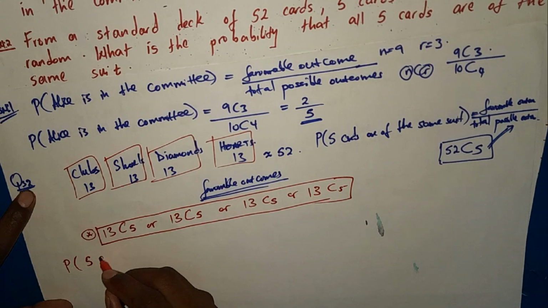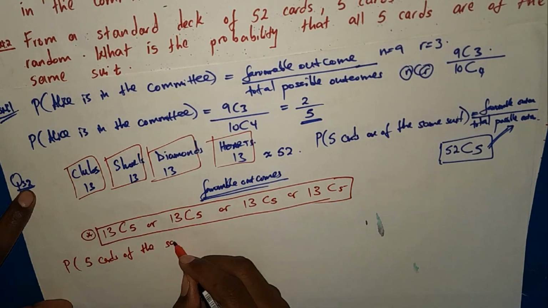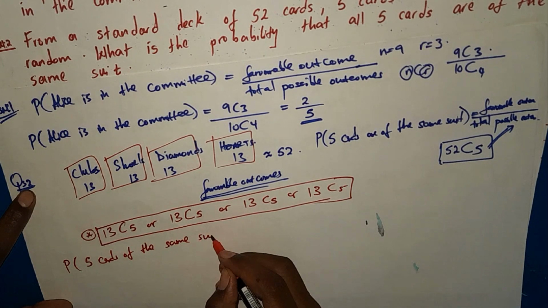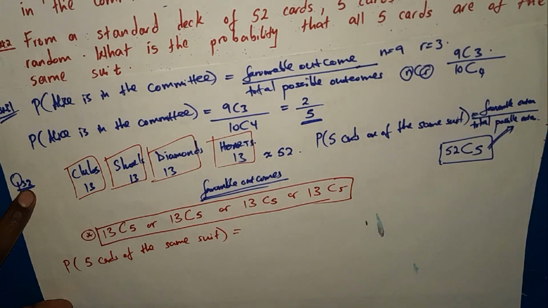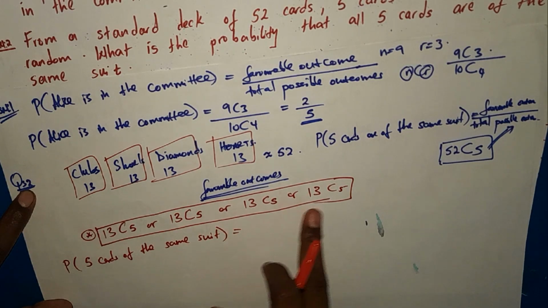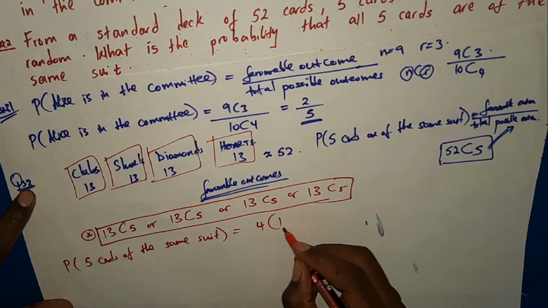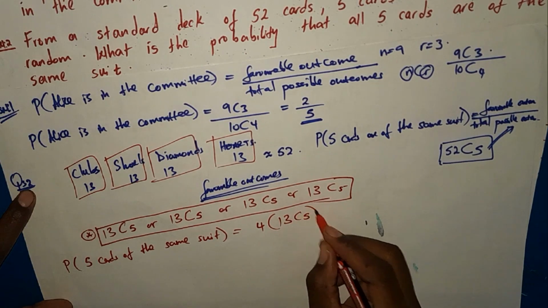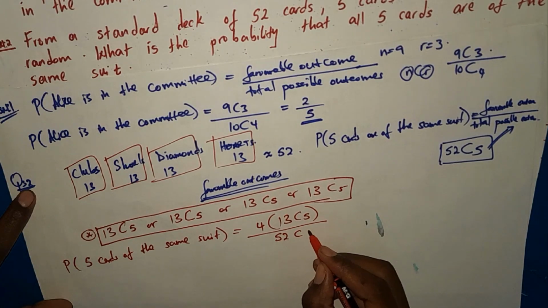The probability that the 5 cards are of the same suit is equal to the favorable outcomes, which is 13 choose 5, or 13 choose 5, or 13 choose 5, or 13 choose 5, which is simply 4 times 13 choose 5, over the total outcomes, which is 52 choose 5.